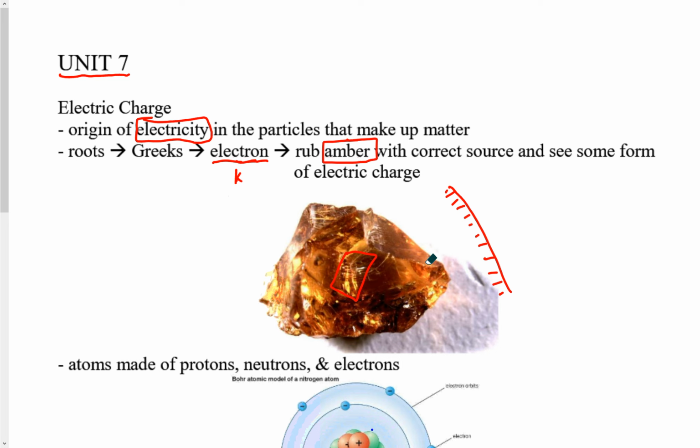Now, what they didn't understand completely at the time is that electrons were being transferred to this piece of amber. And by transferring those electrons, this piece of amber was becoming negatively charged, while the fur was becoming positively charged.